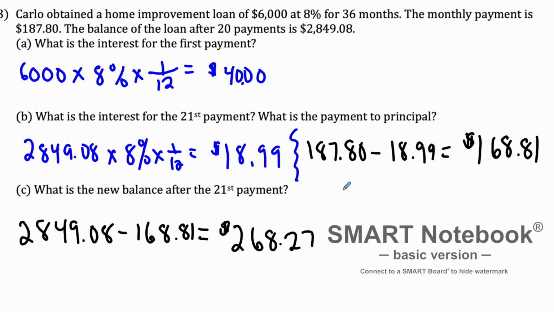I'm missing a number in there. Sorry, there should be a 0. Let me back up. 2680. I was looking at that thinking there's something wrong here. 2680.27. That's better. So that's your new balance.